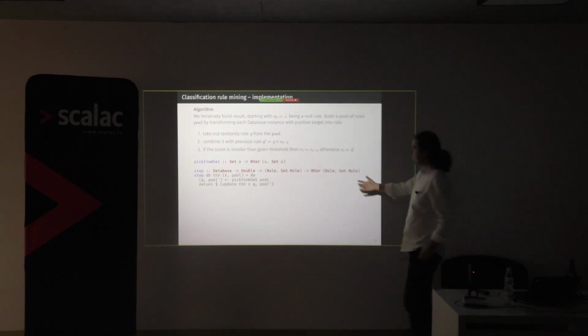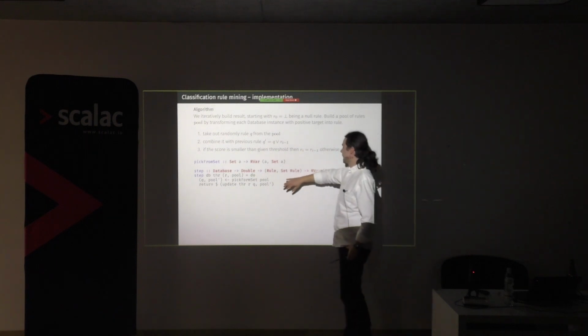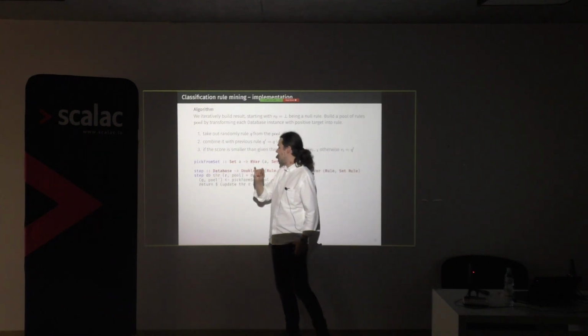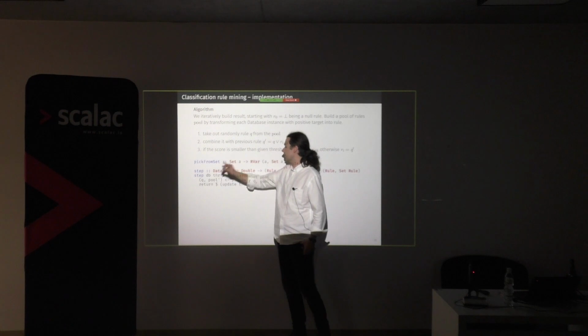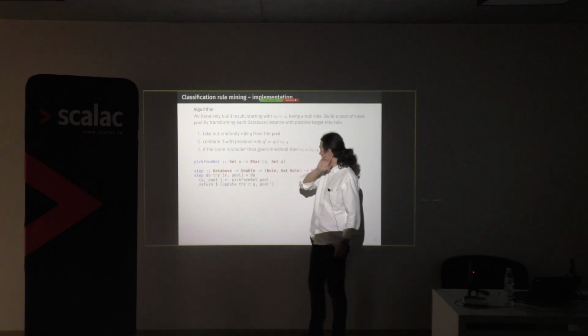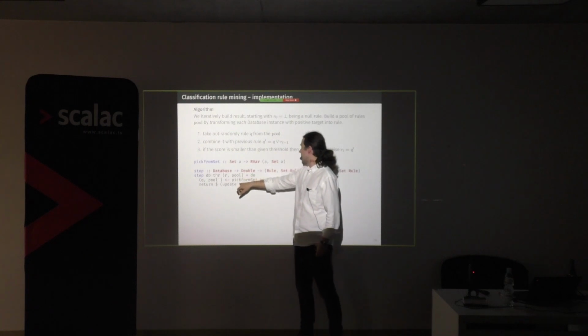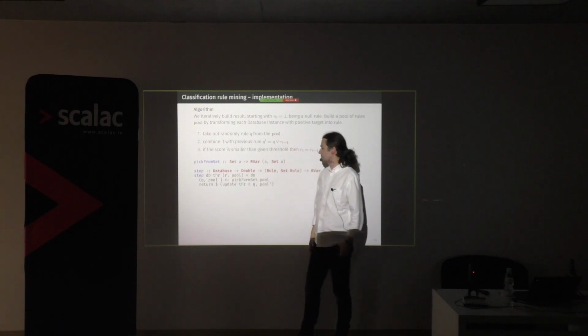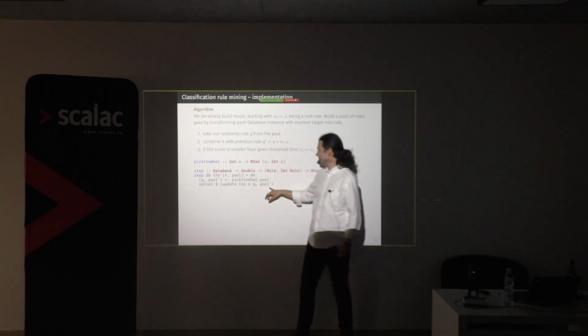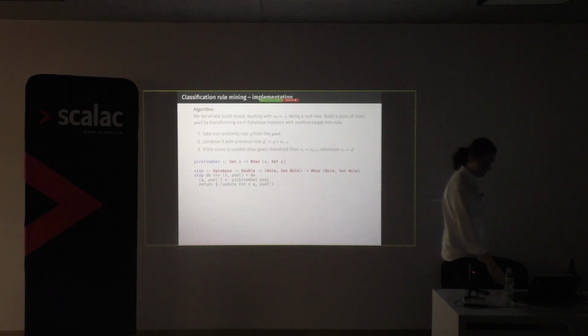So the step of this algorithm depends on a database because we need to score it, depends on the score threshold because we need to decide what to do next, and the current state, so the rule and the pool of the remaining rules. We randomly pick one element from the pool, and then we update. So what's the update function?